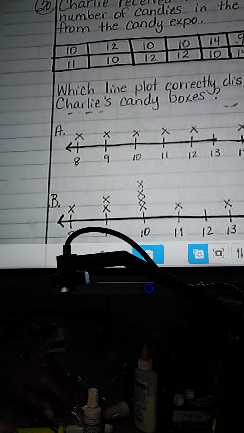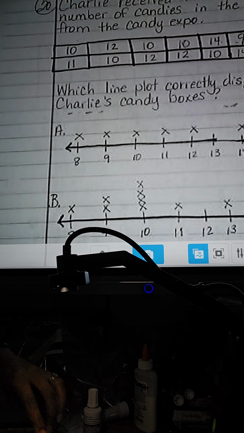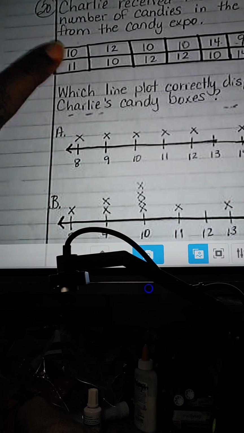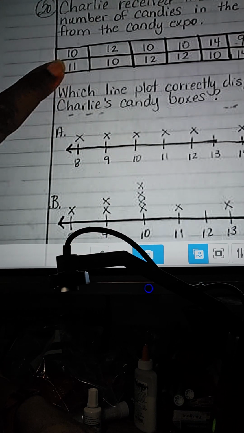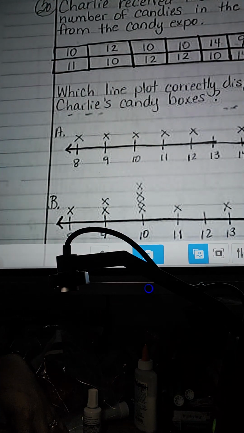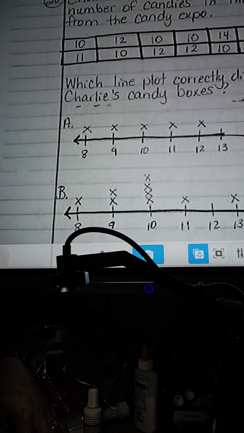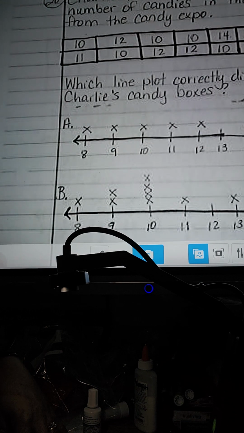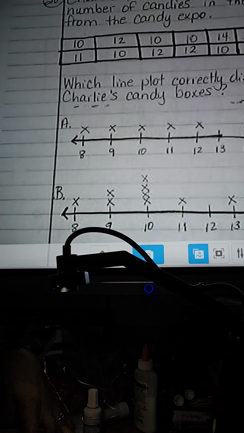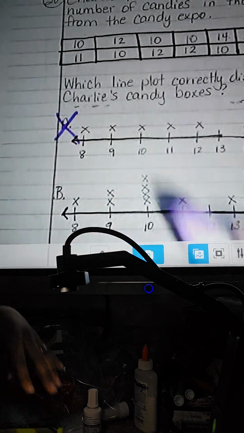All right, so first of all, let's look at it. It starts with 8. How many 8s are in our data? Up here, 1. All right, so automatically I know which one is not correct. C, because it has 3 for 8. All right, let's look at 9. How many 9s should we have? 2. So now which one can I eliminate? A, because A does not have 2.